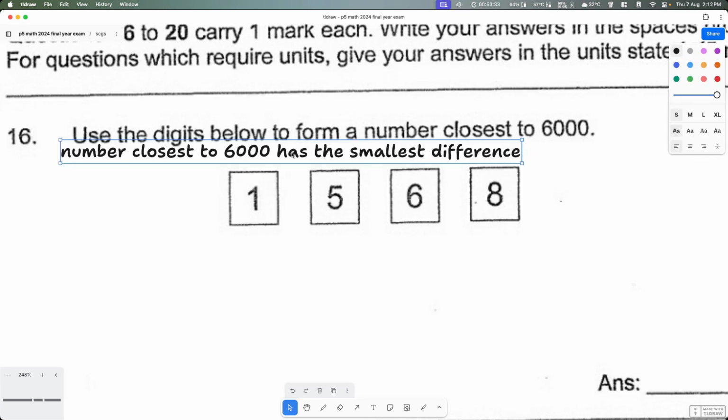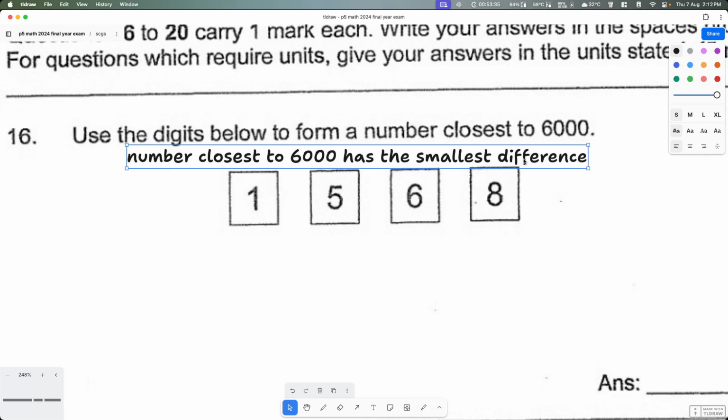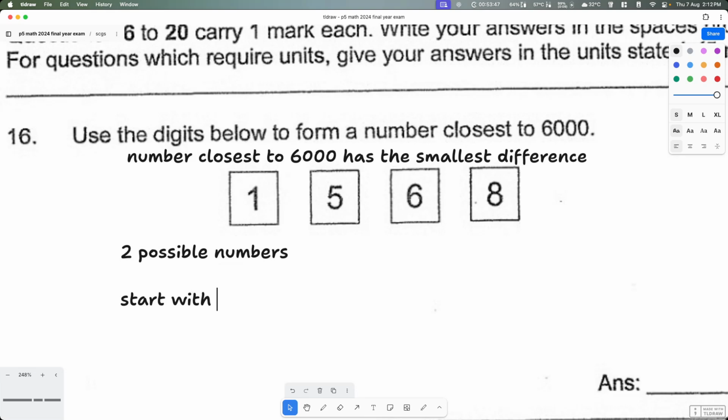In this case, a number closest to 6,000 has the smallest difference, and there are two possible numbers. One starts with 5 and then has the largest number, so this will be 5861.